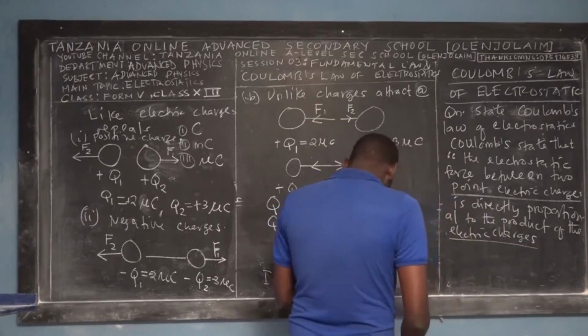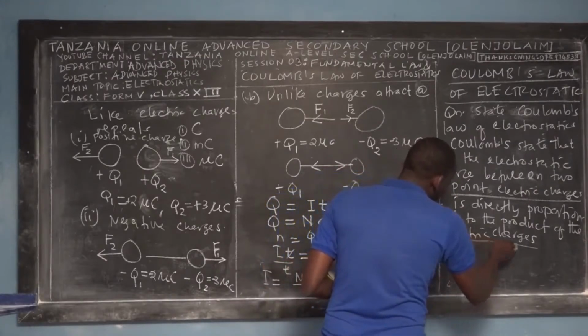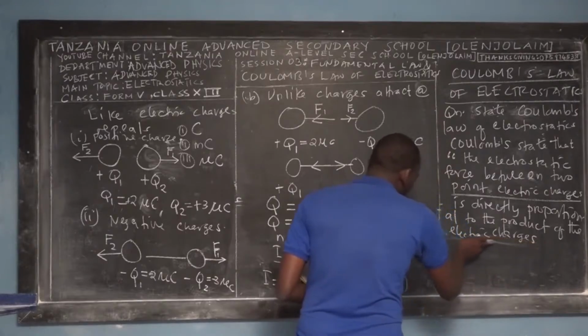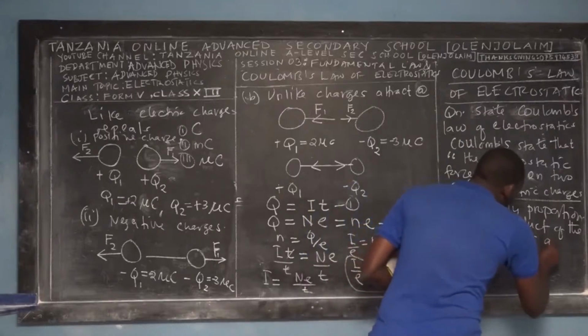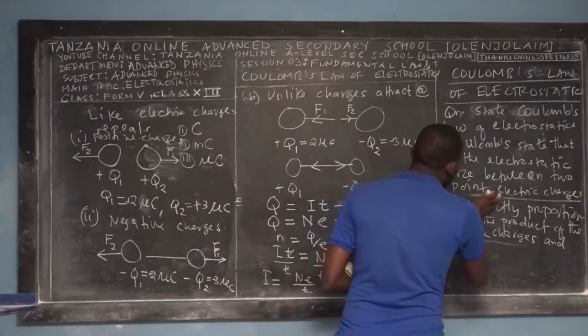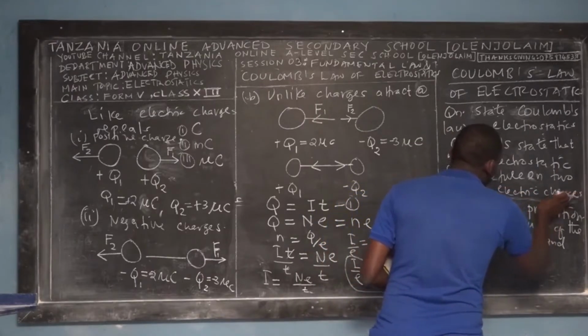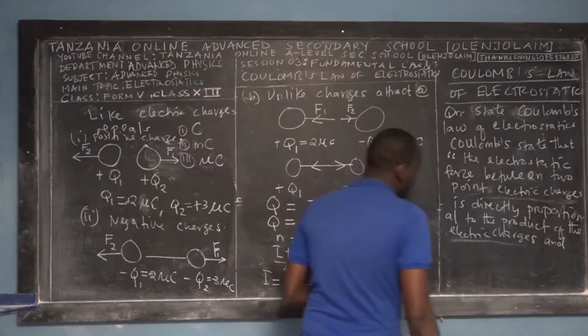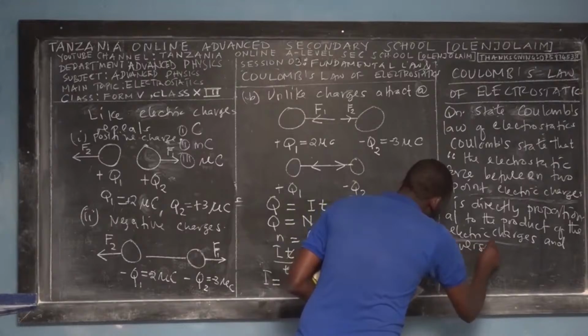You don't need to underline. I'm just trying to underline a few, but I think it's better, because many students have different ways of understanding what is being presented. And when you are asked in the exam, then you underline. Your teacher will ask what you are doing, and you say you've been taught by Olenjolai to do this.